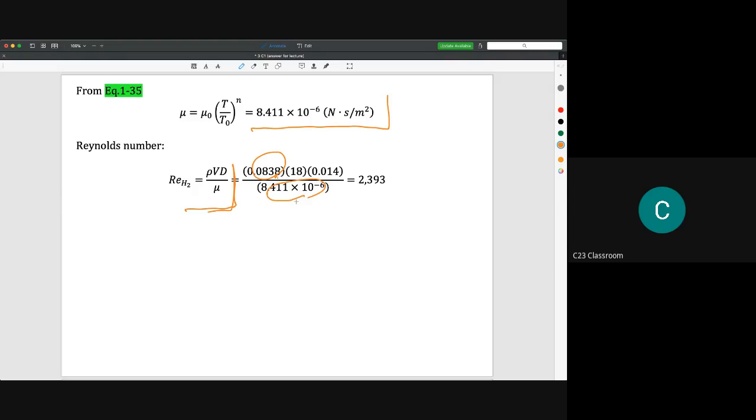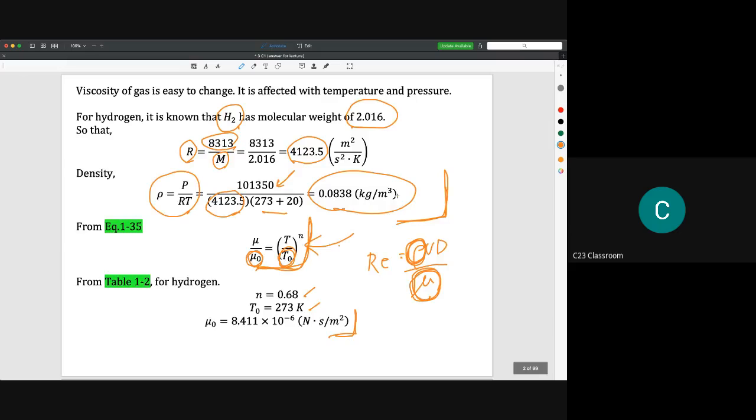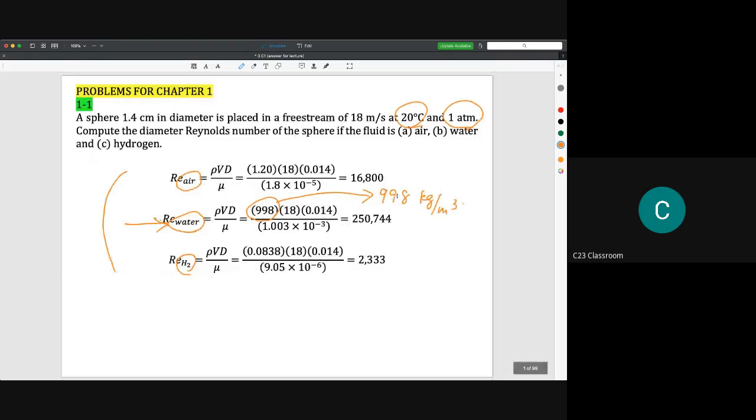So finally you will get 2,393 for the Reynolds number. The Reynolds number is dimensionless, so it doesn't have any units. So we have 2393, and if you use the common value, we have 2333.